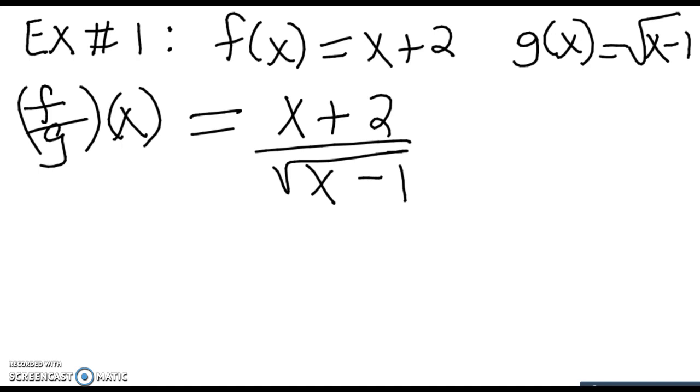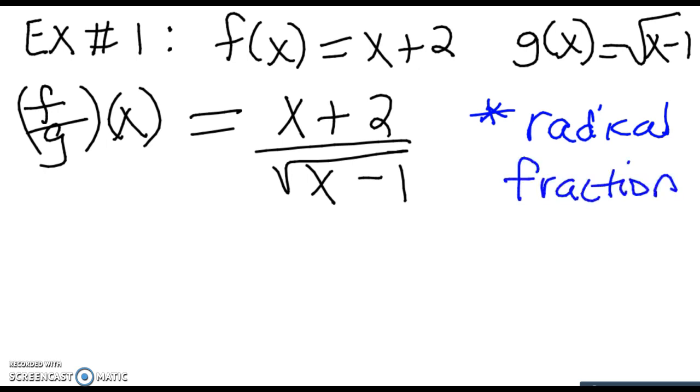But if we want to find its domain, we have to pay attention to the denominator because we have a rational function. And we know that the special cases that alert us when we're concerned with domain and range are when we have a radical and what happens underneath the radical, the radicand, what it equals, and also when we have a fraction.